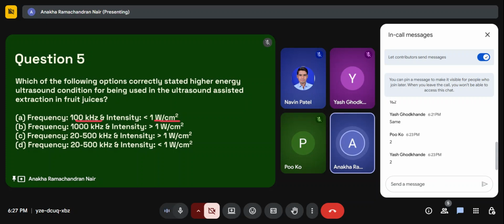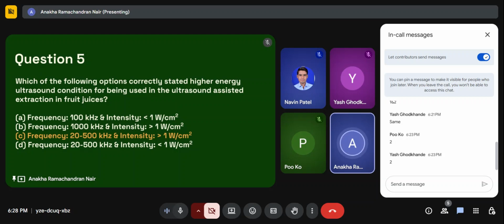So the correct answer for this, let's see, I'm not seeing any answers in the chat, is 20 to 500 kilohertz intensity. That is the perfect intensity for extraction of fruit juices.